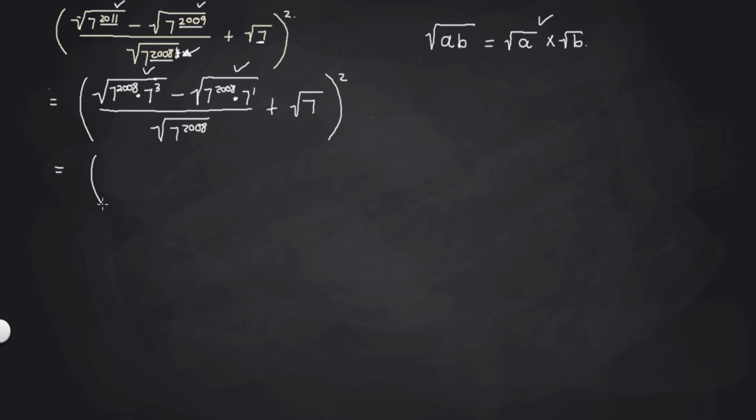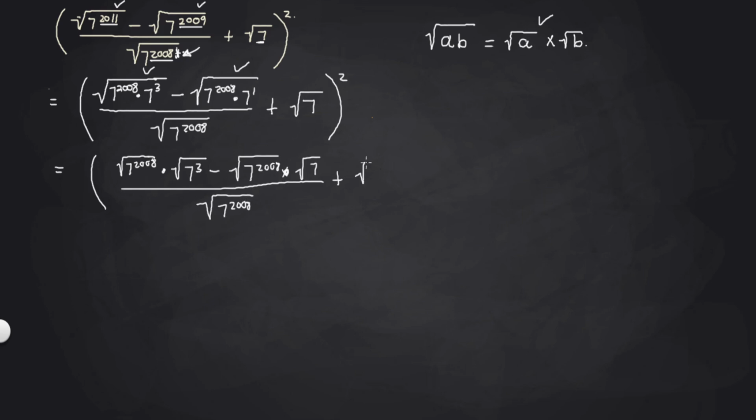So we're going to say the square root of 7 to the 2008 multiplied by the square root of 7 raised to exponent 3, minus the square root of 7 raised to exponent 2008 multiplied by the square root of 7. Everything divided by the square root of 7 raised to exponent 2008 plus the square root of 7.